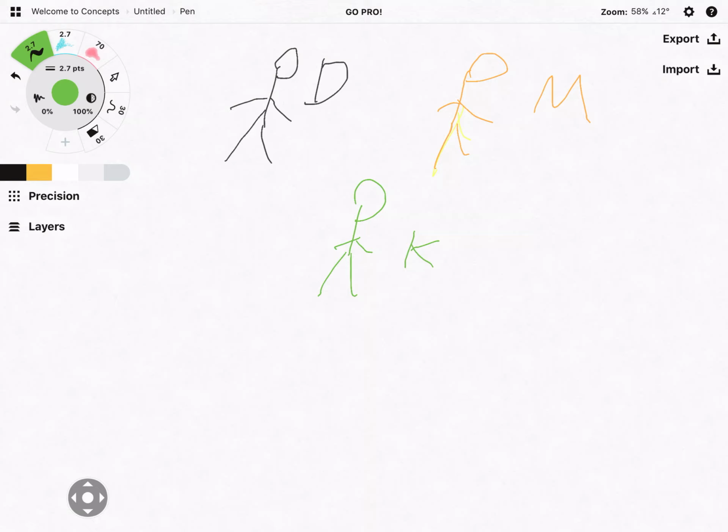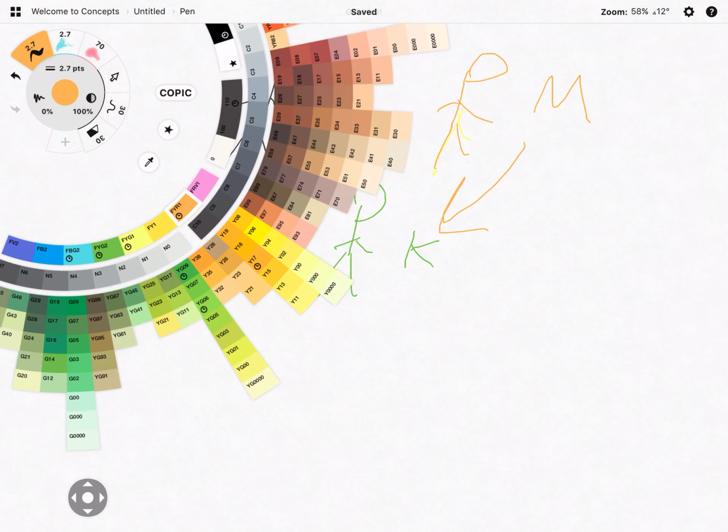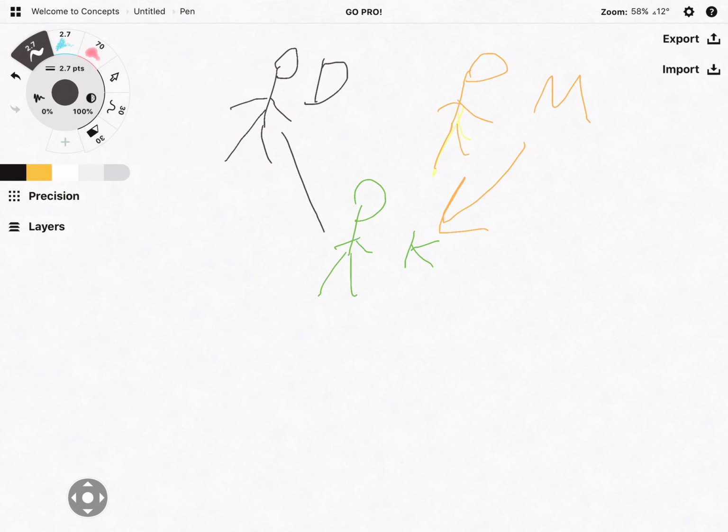So the mom will give some genetic information, a gene, to the kid. And the dad will also give information to the kid. So the kid will have two pieces of information from their parents.